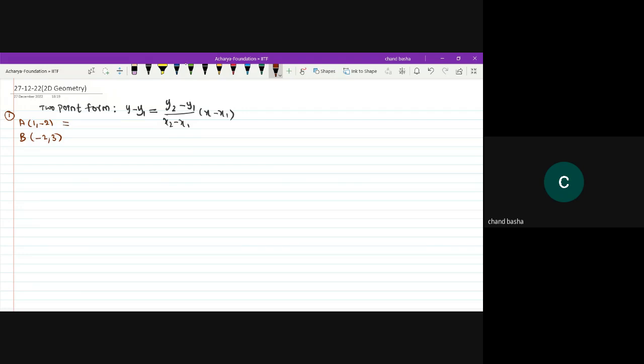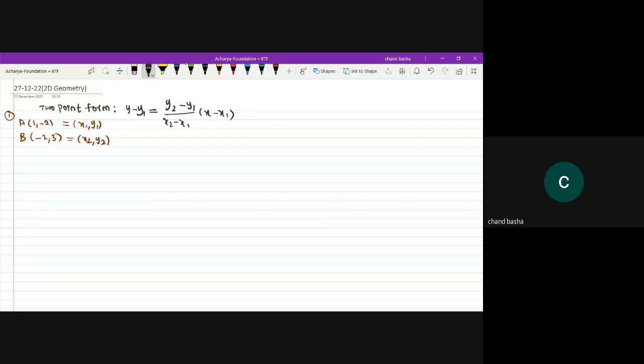A point will be considered as x1, y1 and B point is considered as x2, y2. Clear? What is the equation of the straight line passing through 2-point form? Either you can take it directly, or first find out the slope and make use of the one point and slope form.